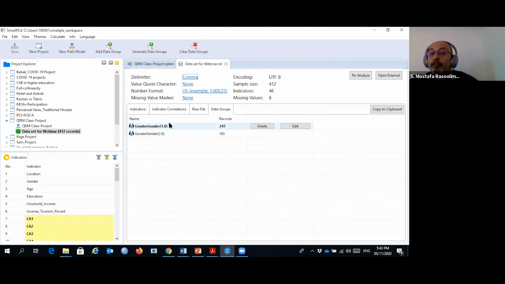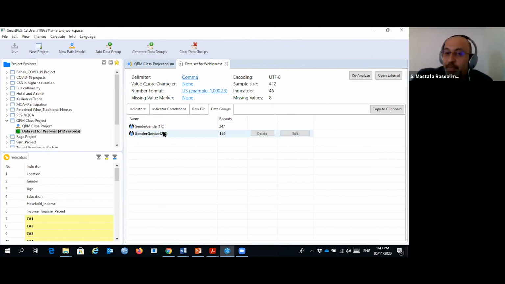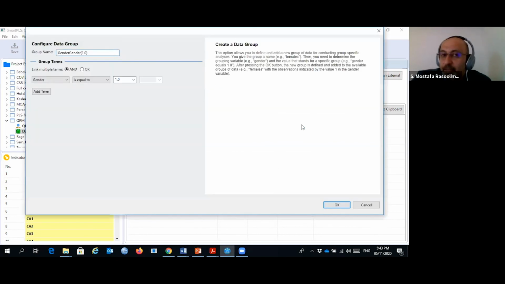The value of one is male, right, and two is female. Based on our data set and SPSS file, we know two is female and one is male. Here we can change the name to make it easier to use. If we click on edit, we can change the name.